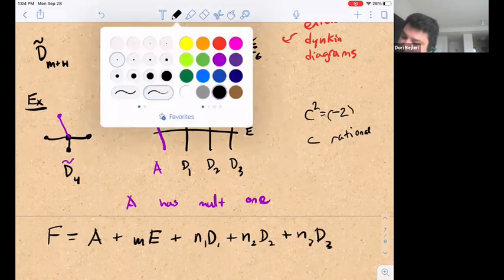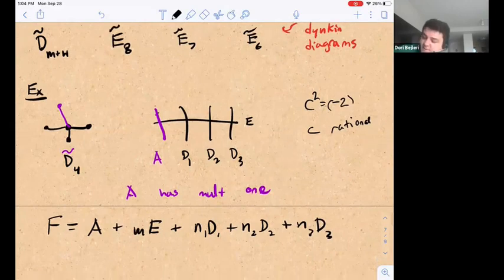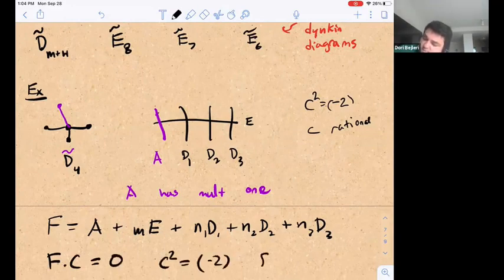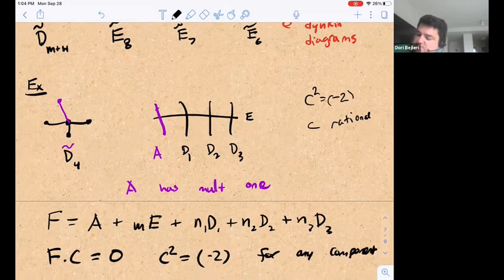And then using the fact that any 2 components intersect in 1 point and the self-intersection is -2, you can solve for what these M and these Ni have to be by the fact that F dot C equals 0 and C squared equals -2 for any component. And in this case, A, D1, D2, and D3 have multiplicity 1, and then E has multiplicity 2.